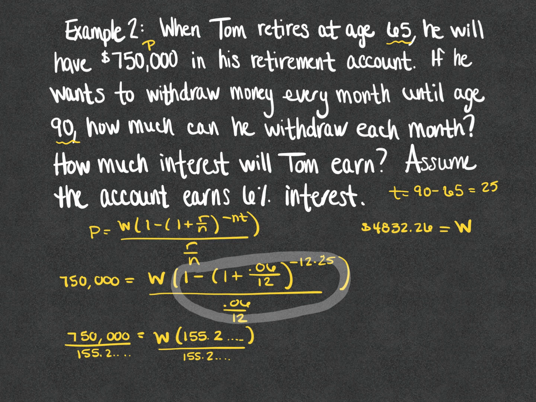Now, how much interest is he going to earn? So again, just as a reminder, if you are to multiply that amount, $4,832.26, by 12, because it's a monthly withdrawal, and then times the 25 years that he's going to be pulling that money out, that number is going to be much larger than $750,000, because after he pulls out a little bit, the rest of it continues to grow and earn interest.